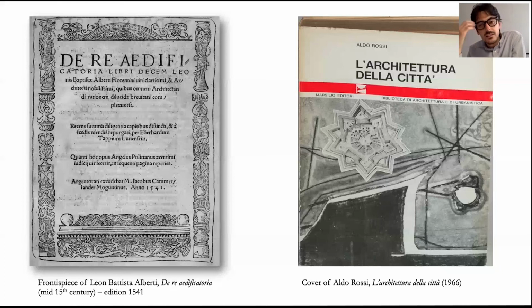Why did I place these two books one beside the other? Because I think they are very much similar. I would say The Architecture of the City actually is a treatise, because they don't really tell us how to make architecture, but they pretend to say what architecture is, or, in the case of Rossi, on a larger scale, what the city is.